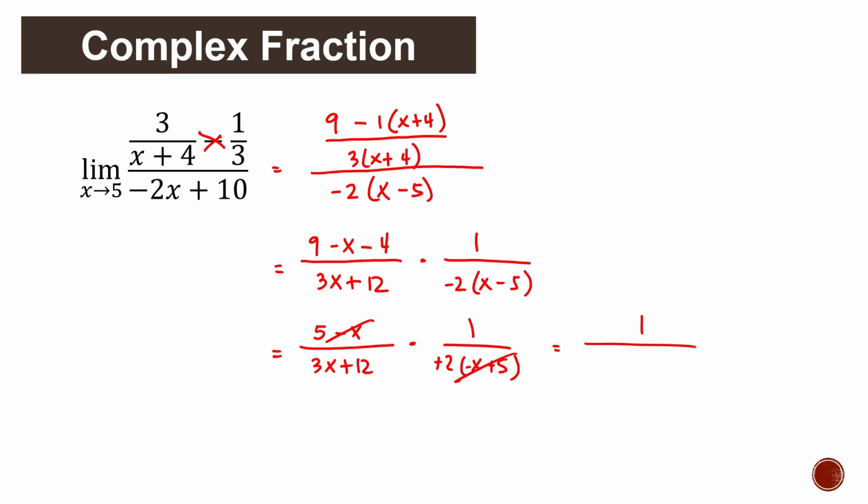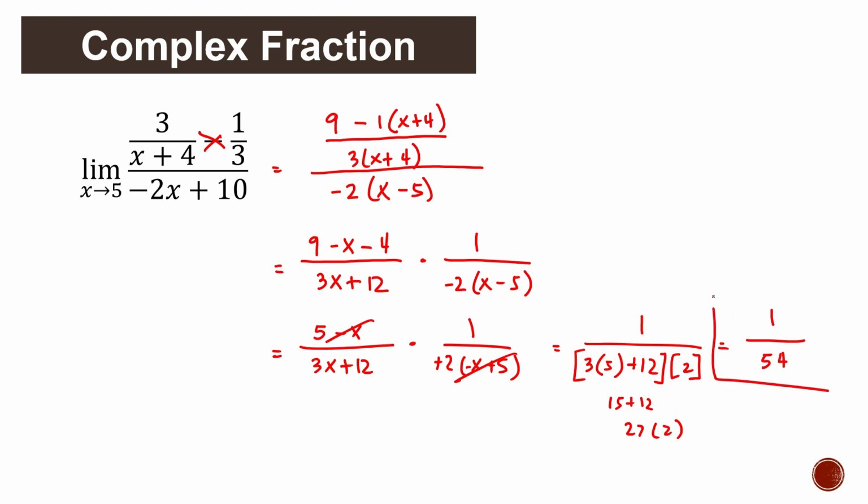So 1 over 3 times 5 plus 12, right, times 2. So this is 1 over 3 times 5 is 15, plus 12 is 27, and times 2 is 54. There you go. So the answer is 1 over 54.